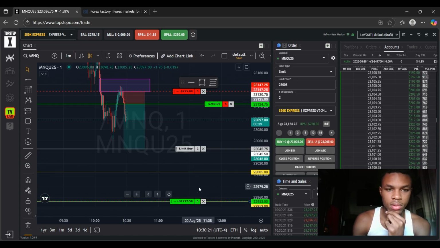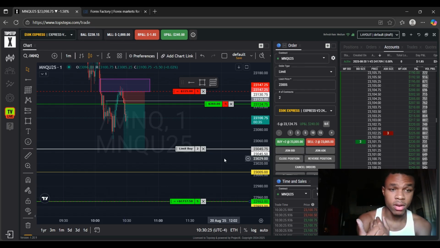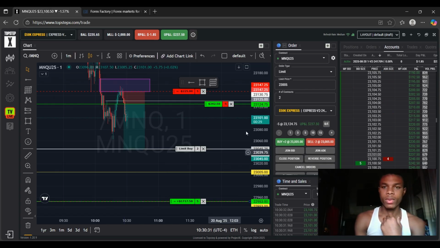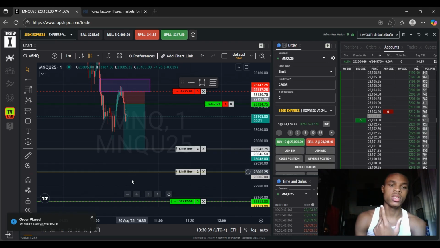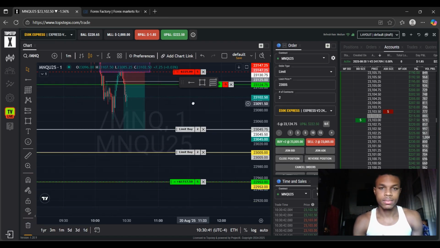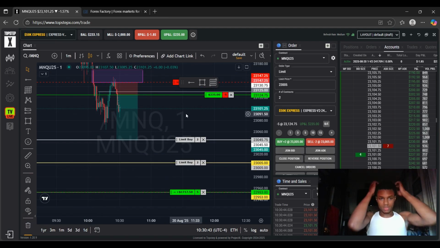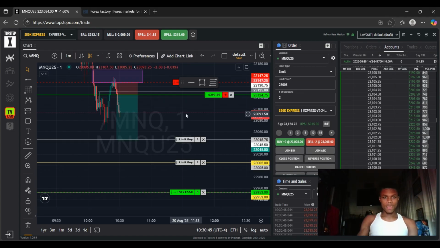Once TP1 cashes, we'll have a secured 150-day payout, and then we'll do another buy for 2 there. So that's TP1, that's TP2, TP3 is the last one. All right, bam.